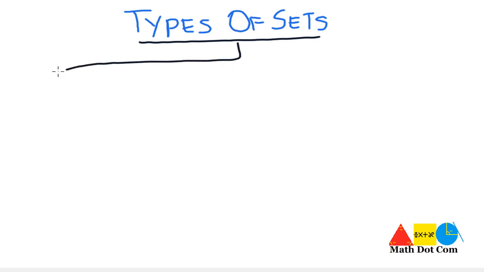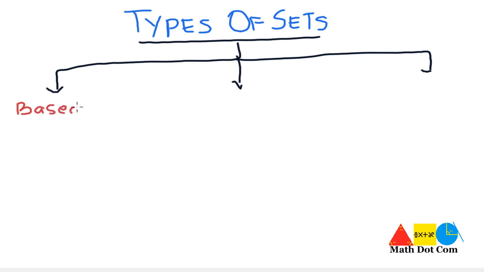There are three categories in which sets are divided. We will discuss them one by one. The first category is the types of sets based on number of elements.